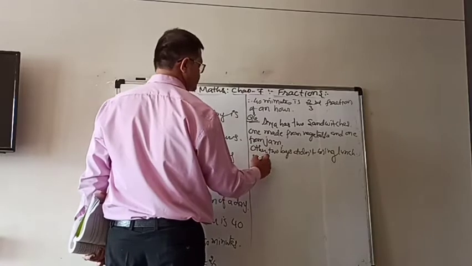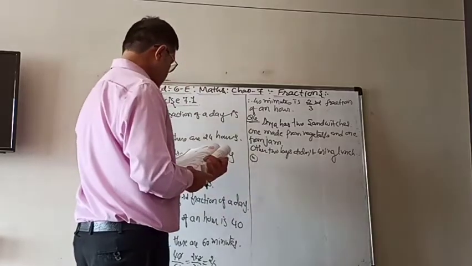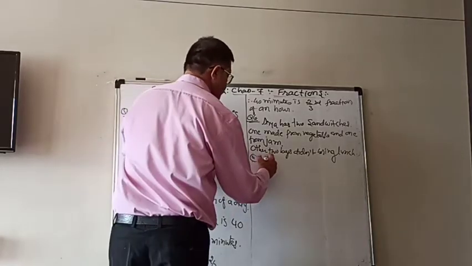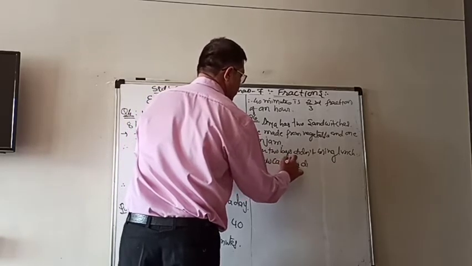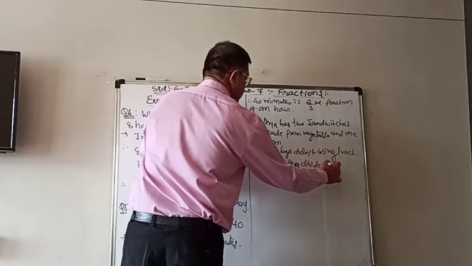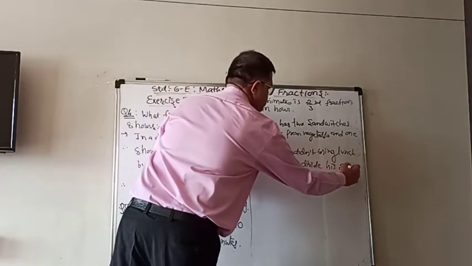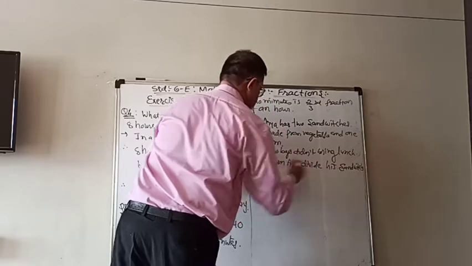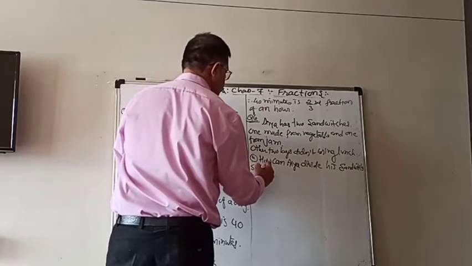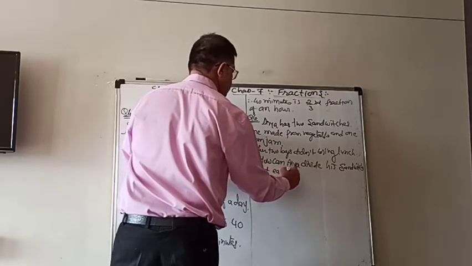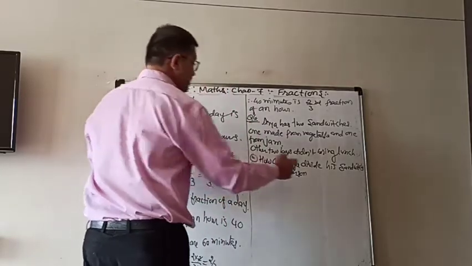Now question 1 is, how can Arya divide his sandwiches so that each person has an equal share?